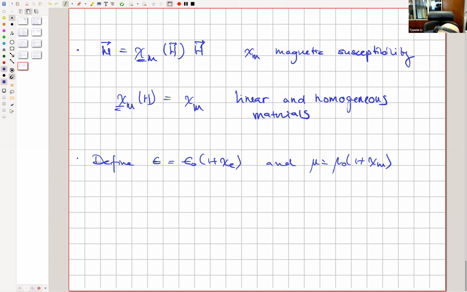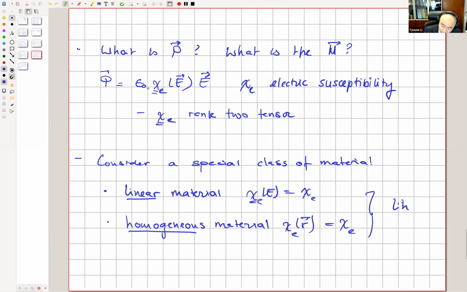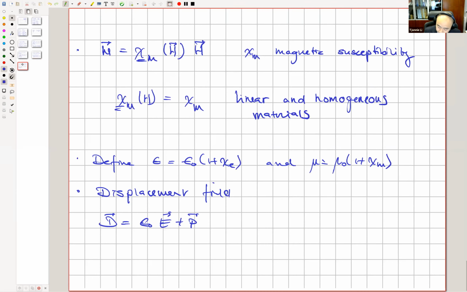So let's take a look at the displacement field. The displacement field is given by D equals epsilon naught E plus P. Now let's go back here. Now we have P equals epsilon naught chi e E. So in this case, what do we have?